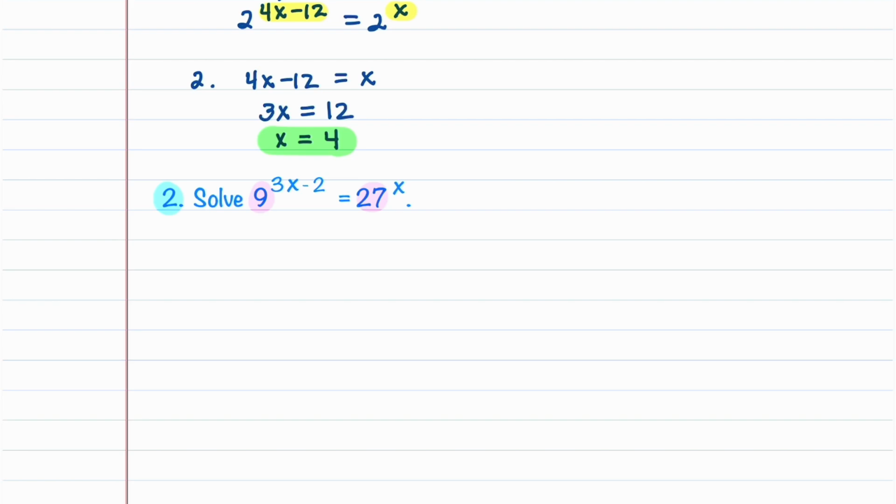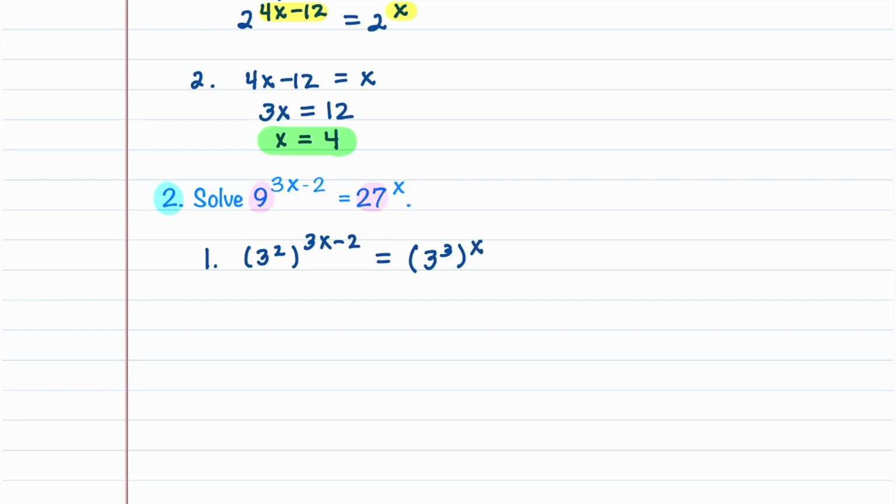So we're going to start in our first step and write both sides of this equation in terms of 3. 9 is 3 squared, so let's write that down, and that gets raised to the 3x minus 2. And then 27 is 3 times 3 times 3, so that's 3 cubed, and that gets raised to the x power.